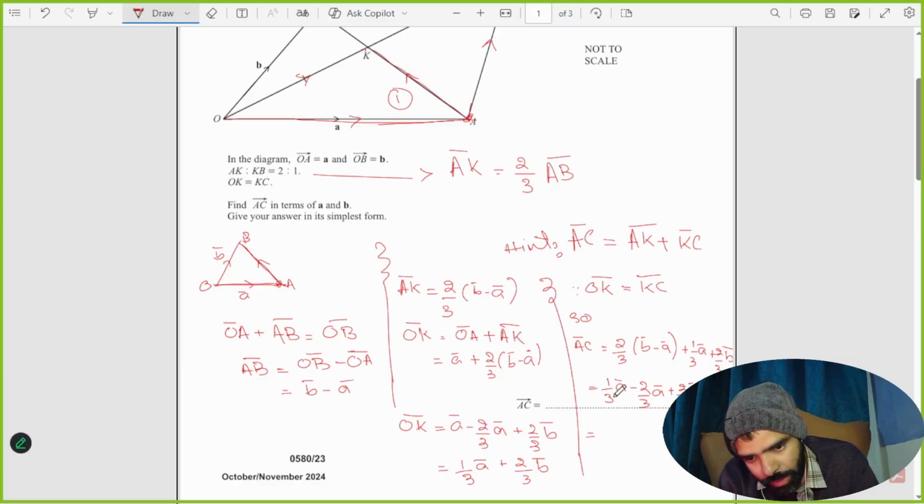It will be 1 by 3, 1 minus 2 is minus 1 by 3A, plus 2 plus 2 is 4 by 3B. That is the answer, right?